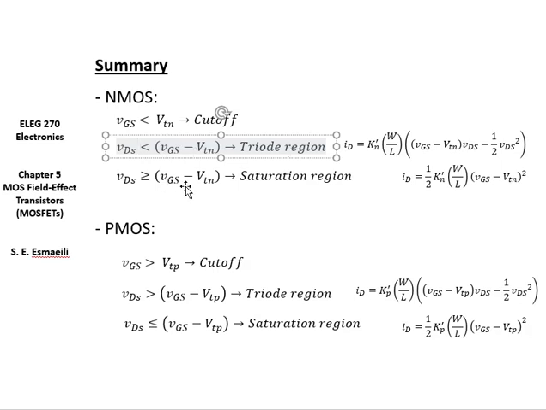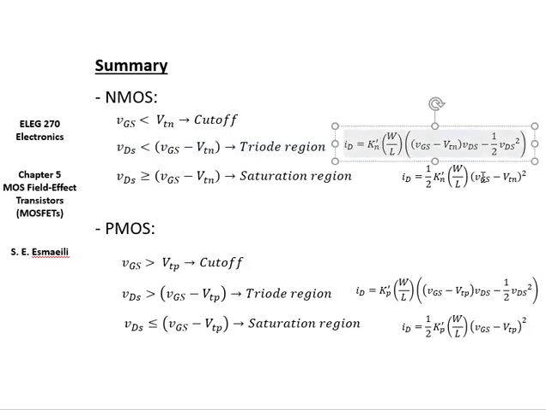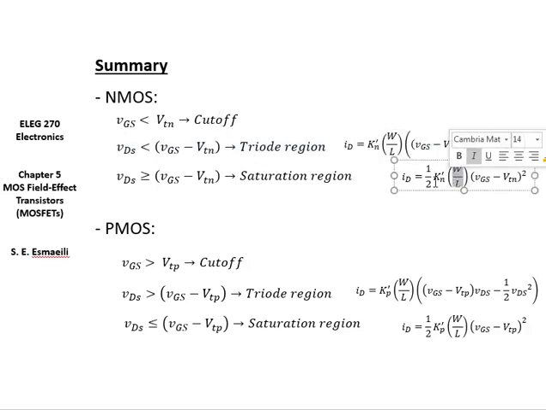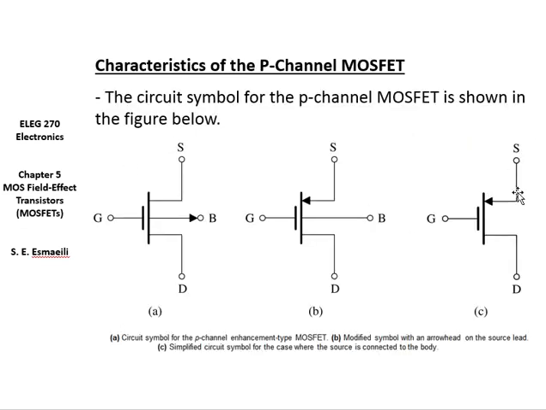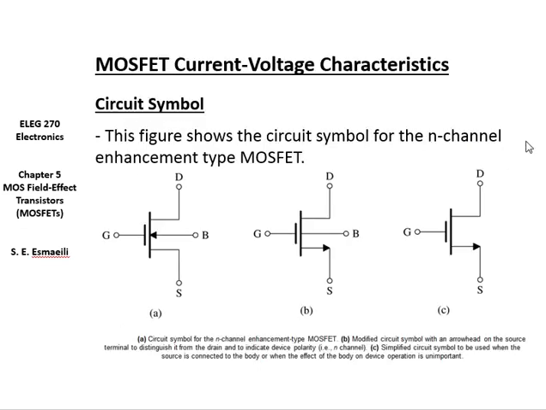If it is bigger than VGS minus VTN, you're in saturation. And for each of them, I have given you the formula to find ID, which is the current in the drain or the source, because the current in the drain and the source are totally equal, since we have zero current at the gate.